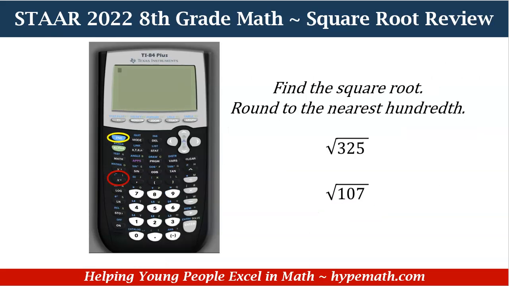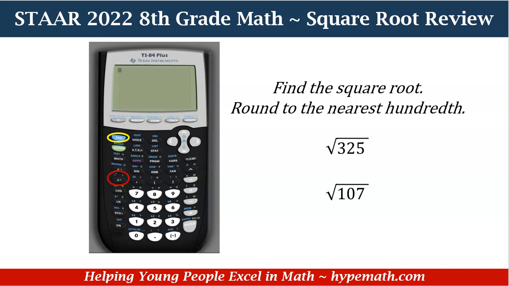Let's try two more. We're going to be looking at the square root of 325 and also the square root of 107. And again, most students use Texas Instrument calculators. If you don't use a TI calculator, what you should do is look for where the square root is and how you engage that function, okay?